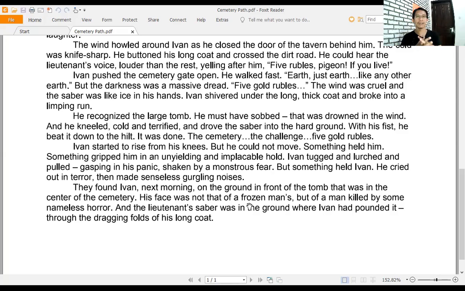Some people have different opinions about this, but from my reading, this short story wants to show us that fear or timidity can kill somebody. It's not a disaster or a criminal that can kill a person, but this person's timidity or frightfulness can kill that person, especially if you live in a place like this one, Russia, okay?